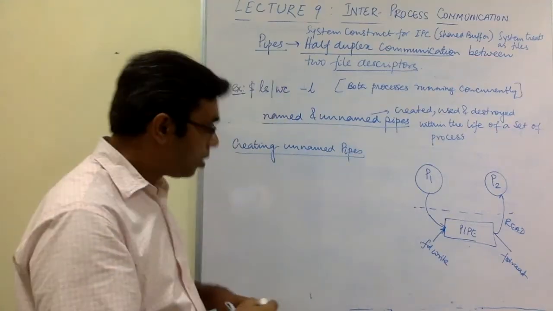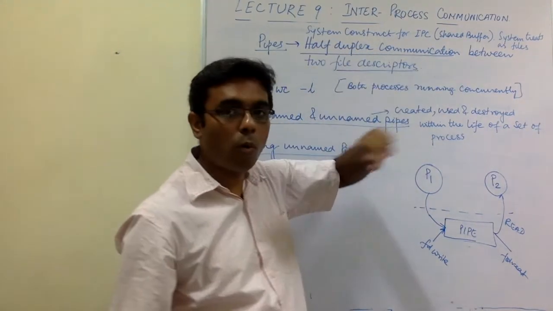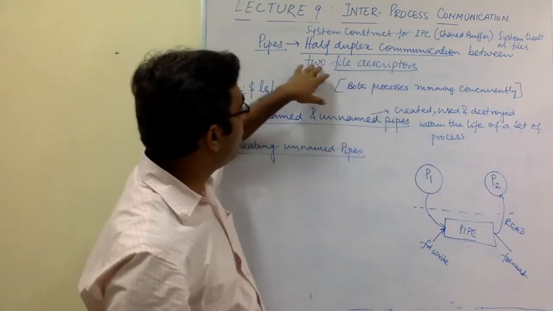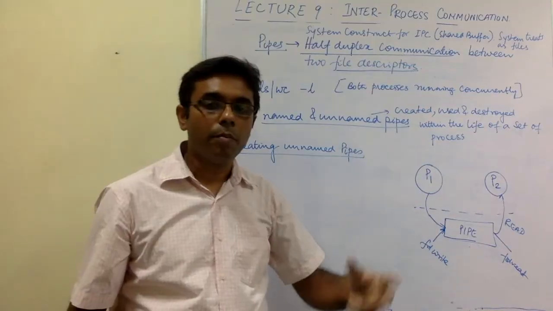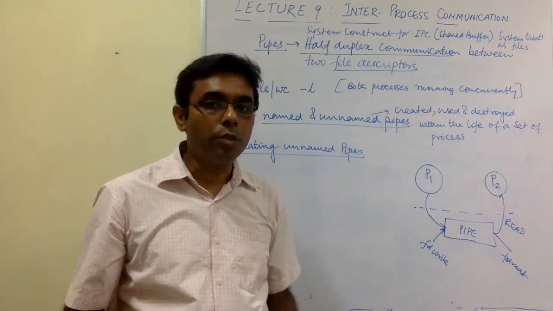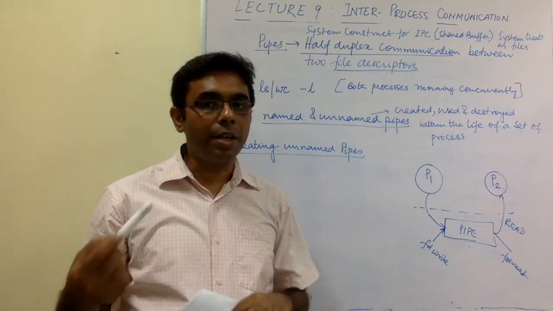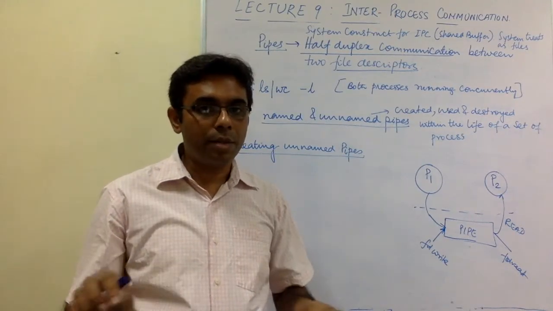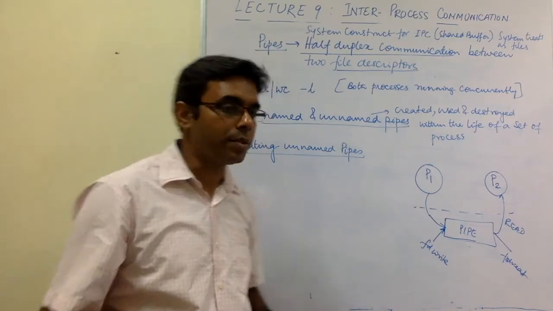That is the reason why we say that pipes are half duplex, one-way communication between two file descriptors, because pipes are treated by the system as a file with two file descriptors. So the moment a pipe gets created, there are two file descriptors associated with it, one for writing purpose, the other for reading purpose.